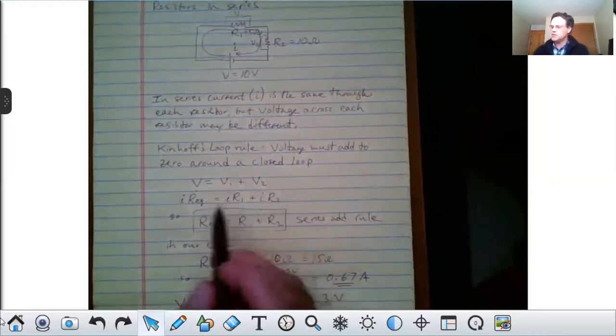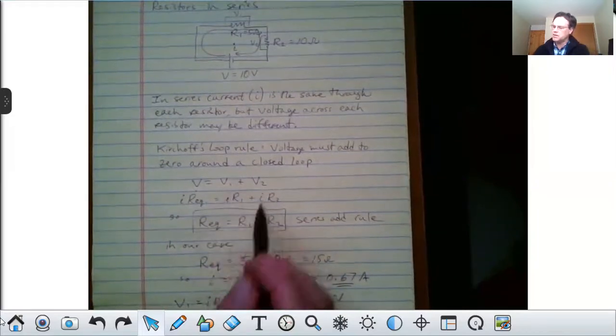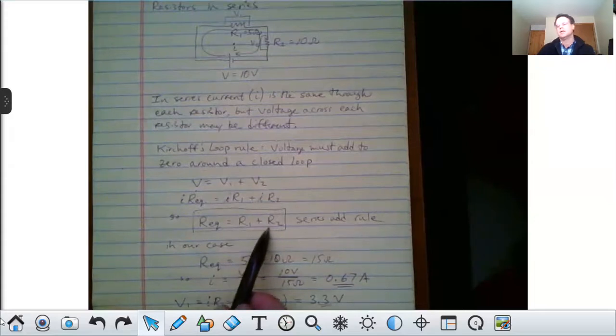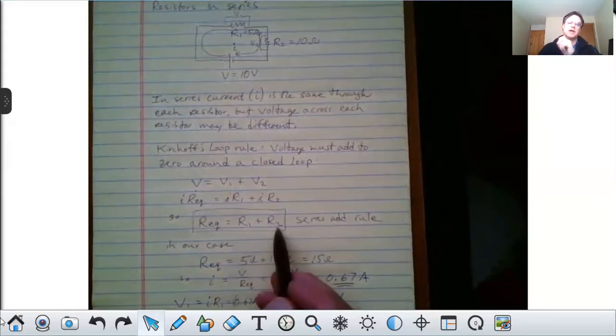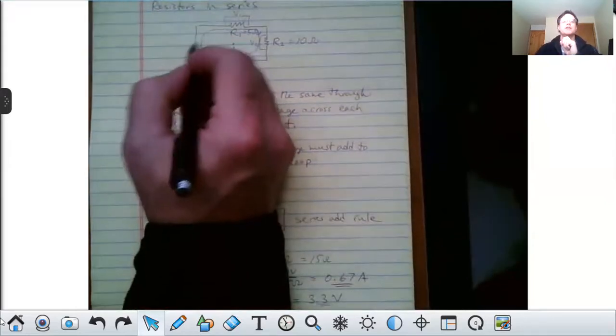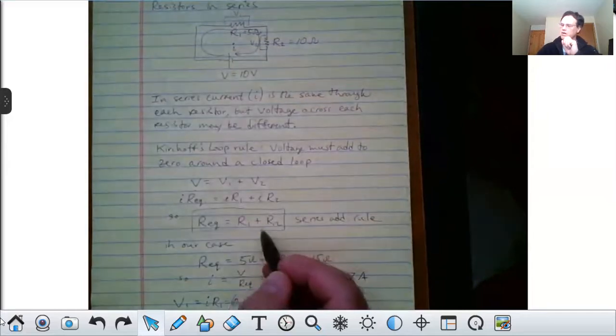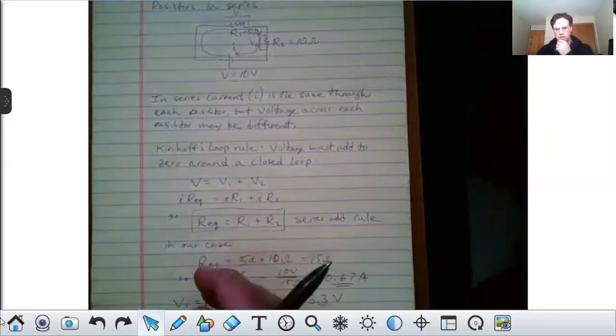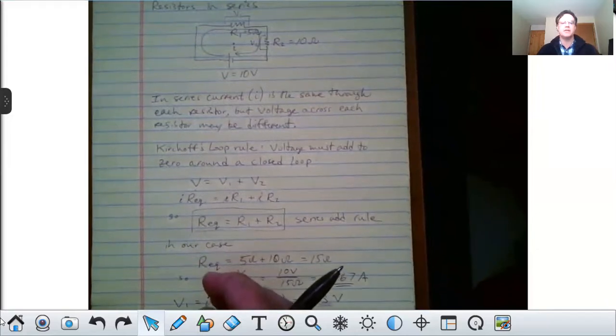Now, the currents are the same, so they cancel out, and I just get Req equals R1 plus R2. And there's our series addition rule. Anytime you have resistors in series, you just add the resistances directly together. And again, you could have a third resistor up here, maybe on this side. I would just have R1 plus R2 plus R3 and so on. So I could have any number of resistors in series, they just add together.